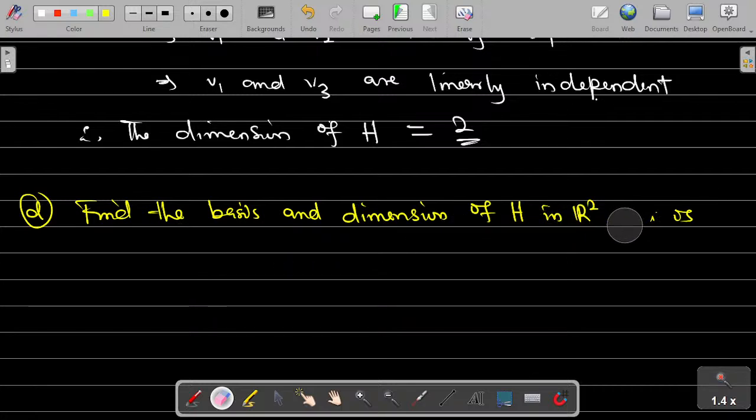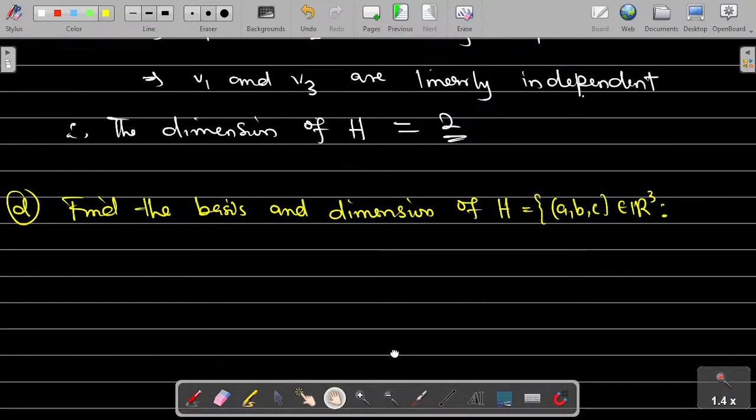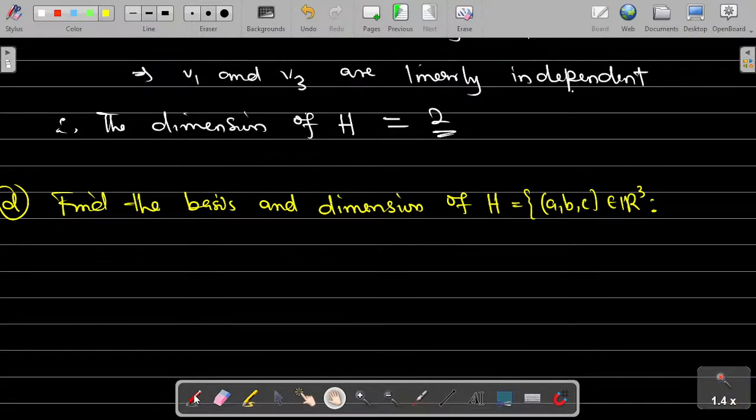They gave us R2. Sorry, H. Sorry about that. So they said H is the set of ABC in R3 such that, let me try to see if I can finish writing this here.